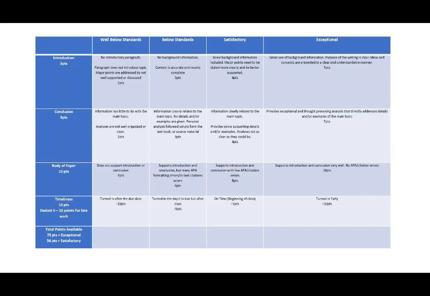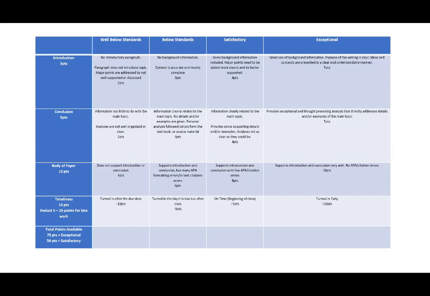So kind of strange, because this is all the 10 points is into your score of 75. So it's not like it's perhaps exceptional, like you're getting extra points. It is saying that if your total points are 75, you've done exceptional. I haven't had a student get every one of the points yet. 56 points is satisfactory.